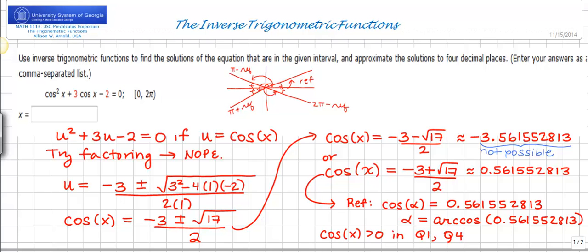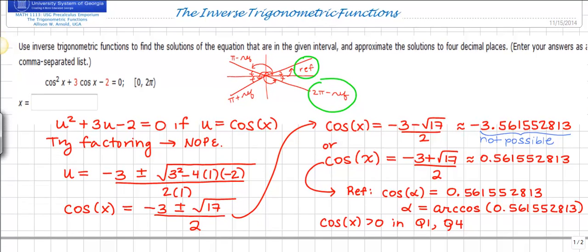So I'm going to have a quadrant 1 solution that is the reference angle and a quadrant 4 solution that's 2 pi minus the reference. And you can take the values in your calculator after you get them and round them appropriately.